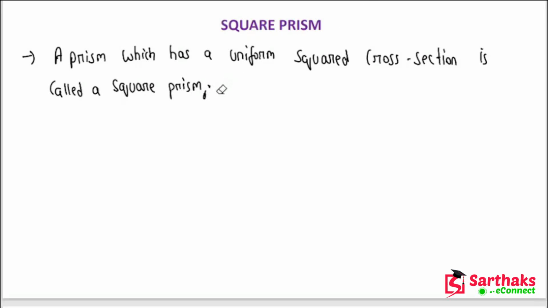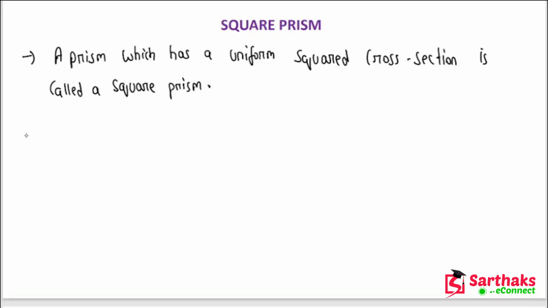Now you can clearly see that uniform cross section. What is a cross section? Basically, the cross section means the thickness, the base area. So it should have a square as a base, but the lateral faces would still be rectangles.